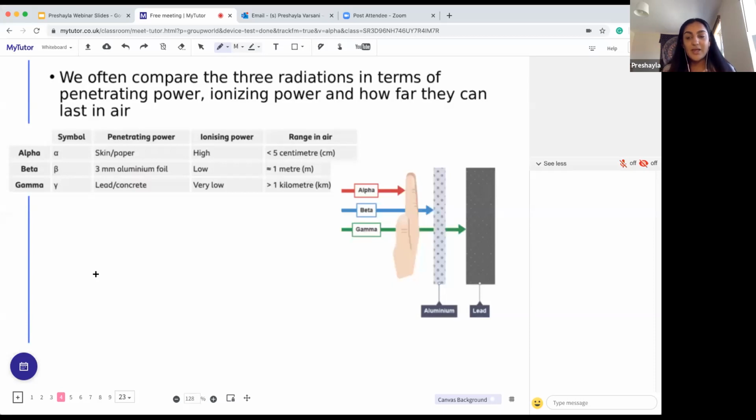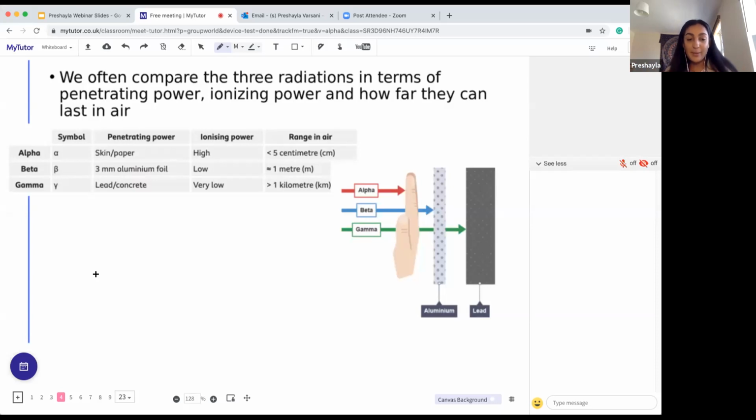Beta is a lot more penetrating, and it can get through skin and paper, but it will be blocked by a certain thickness of foil. Gamma is very penetrating, and it can get through skin, paper, and foil, but it will be stopped by lead or concrete.